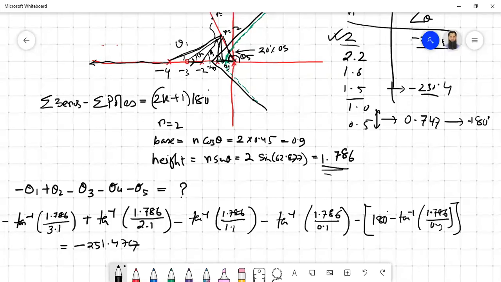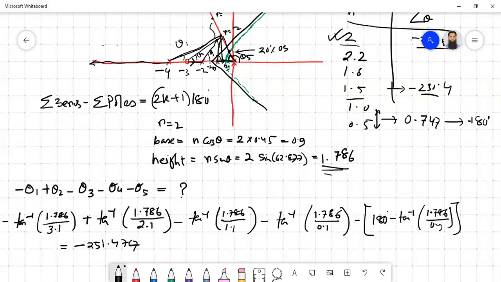So any point, if it is given, in this particular case, they have given a distance r, then from r you figure out where is the base and the height. So basically you have to figure out the location of the point, and from the point, you just draw the line to all the poles and zeros and figure out the angles, and if the summation of the zeros minus the summation of the poles becomes an odd multiple of 180 degrees, only then that particular point will be on the root locus.